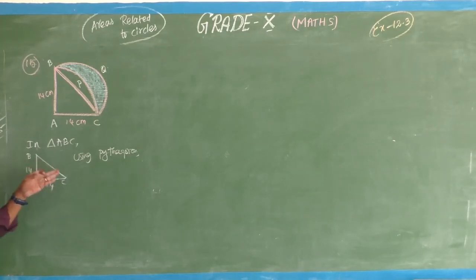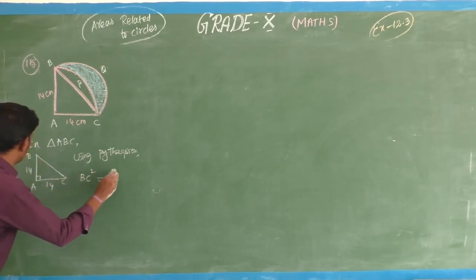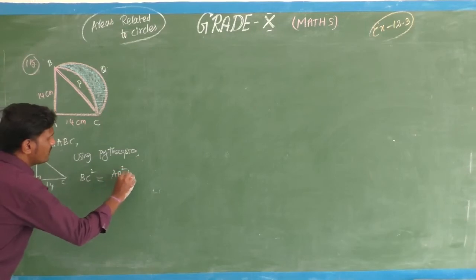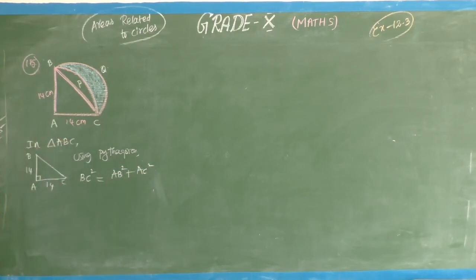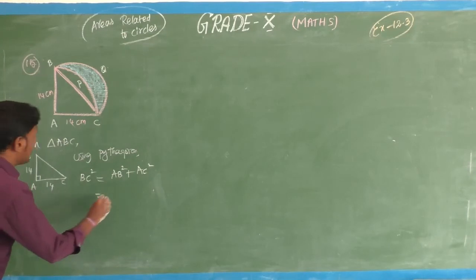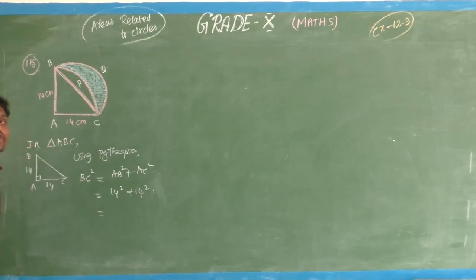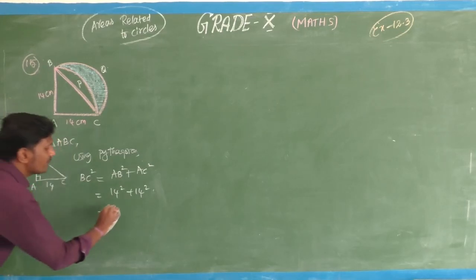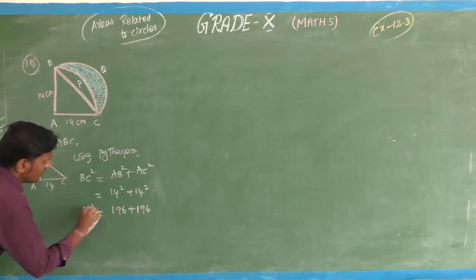If you want to find the hypotenuse, BC square is equal to AB square plus AC square. So AB is the same, 14 square plus 14 square. 14 square is 196, so 196 plus 196 is your BC square.